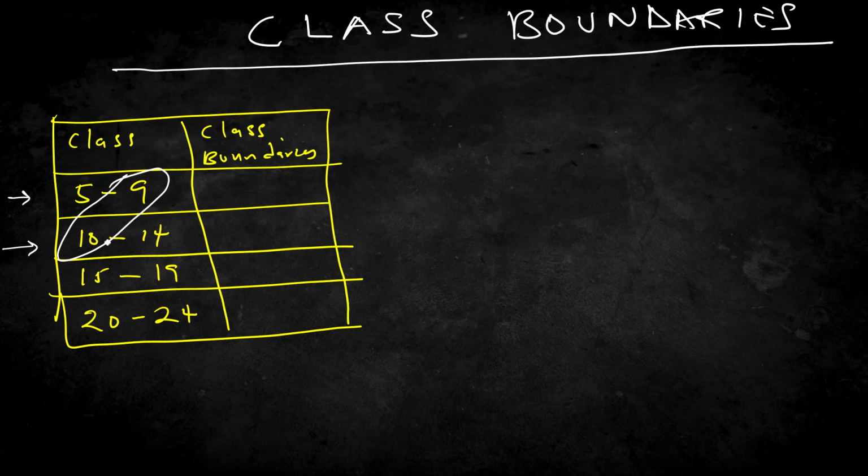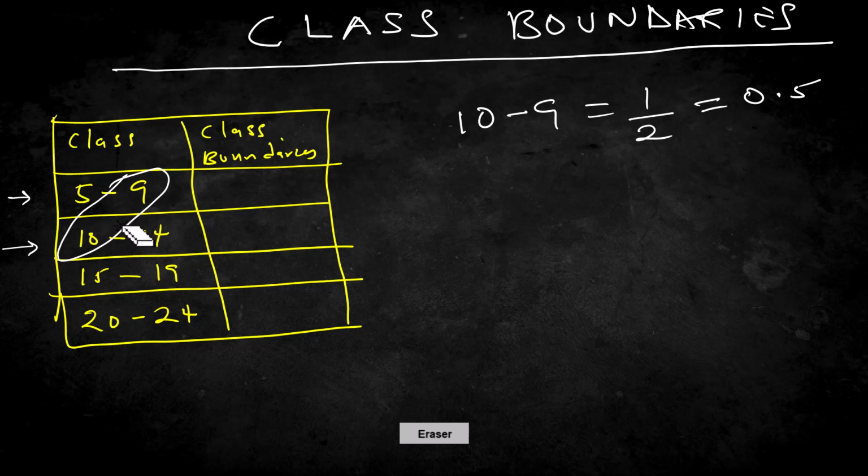So we find the difference: 10 minus 9, which is 1. After that, you divide the result by 2. So 1 divided by 2 is 0.5. After getting your result, we subtract it from all the lower limits.